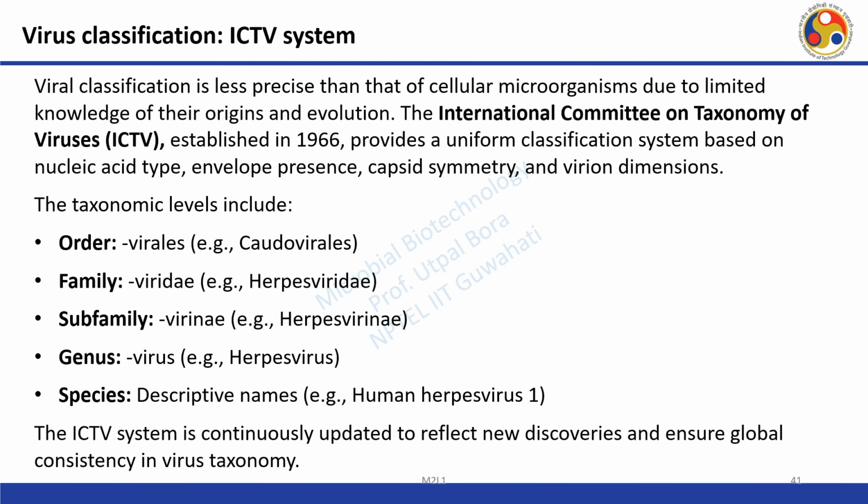The taxonomic levels include order, virales, for example Herpesvirales, then family Viridae, example Herpesviridae, then subfamily Virinae, example Alphaherpesvirinae, then genus, example Simplexvirus, then species with descriptive names like human herpesvirus 1. The ICTV system is continuously updated to reflect new discoveries and ensure global consistency in virus taxonomy.